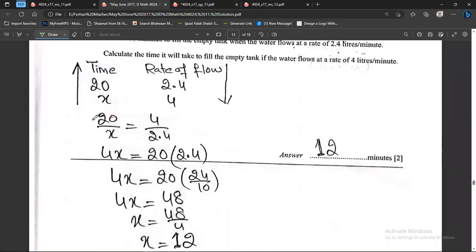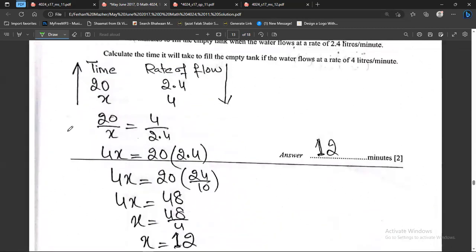So here we have the time and the rate of flow, and remember the rate of flow of the water and time to fill the tank are inversely proportional to each other. That's why you can see when I have written them, I have put opposite arrows on them. So when the time is 20, the rate of flow is 2.4, and when the rate of flow is 4, how much is the time?